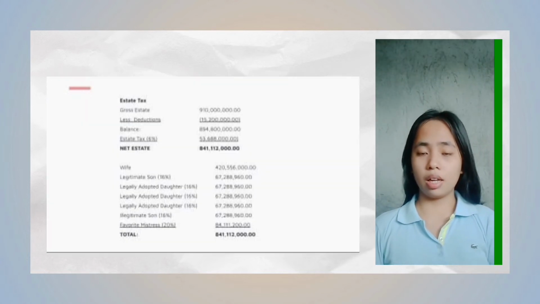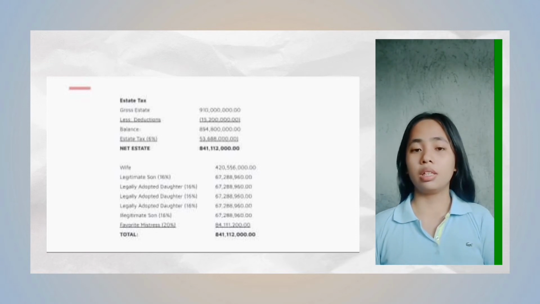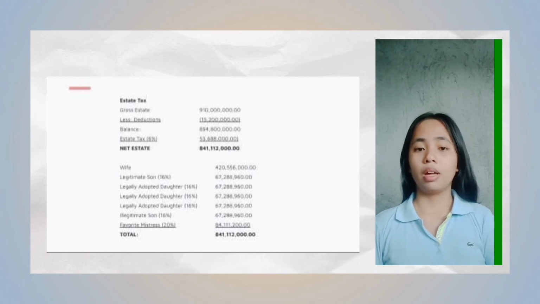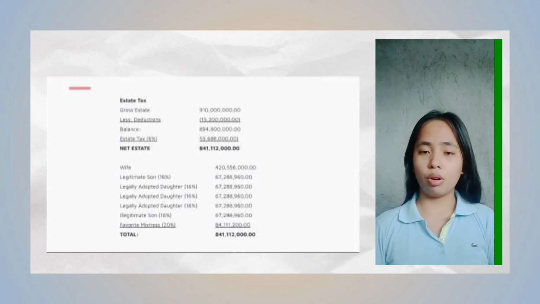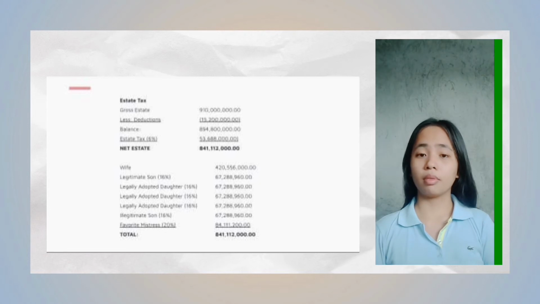Net estate is 841,112,000. The wife has 420,556,000. The legitimate son has 16%, 67,288,960. The legally adopted daughter has also 16%, 67,288,960.